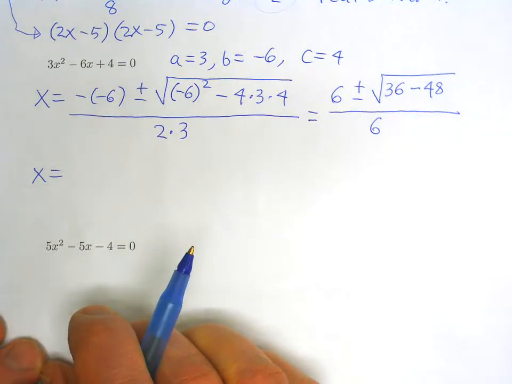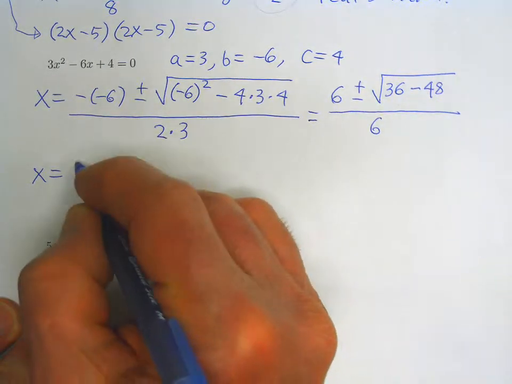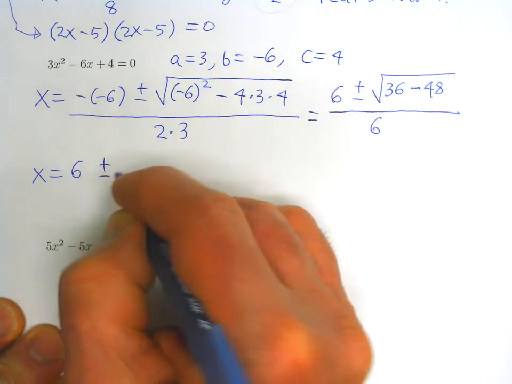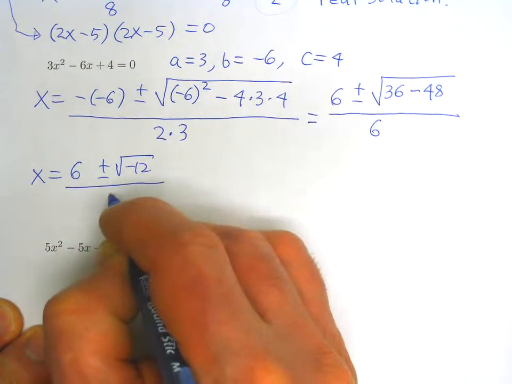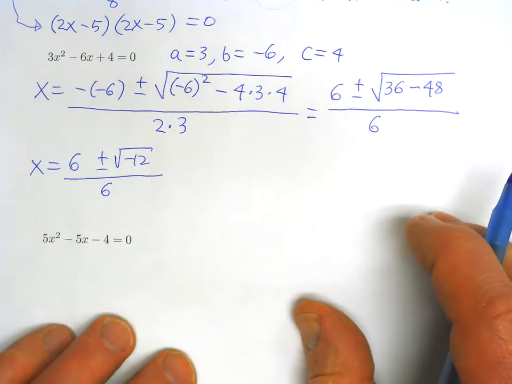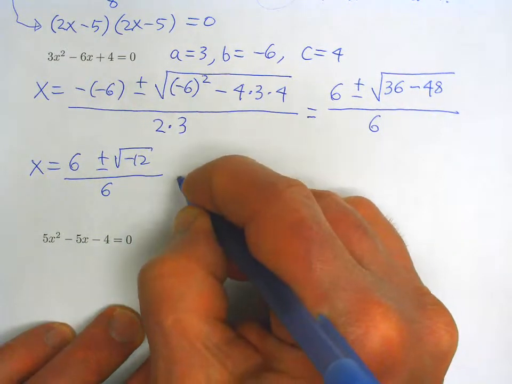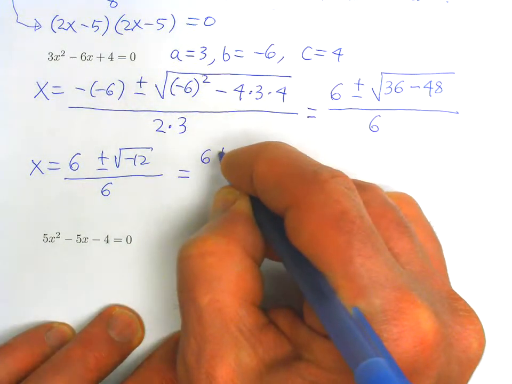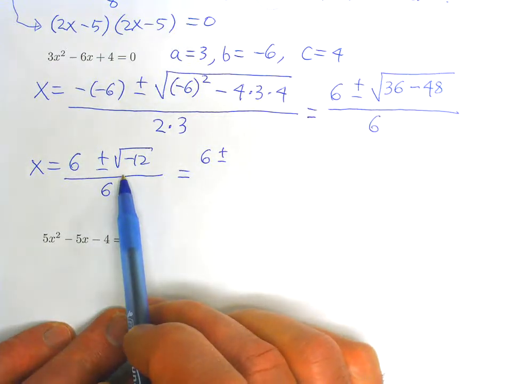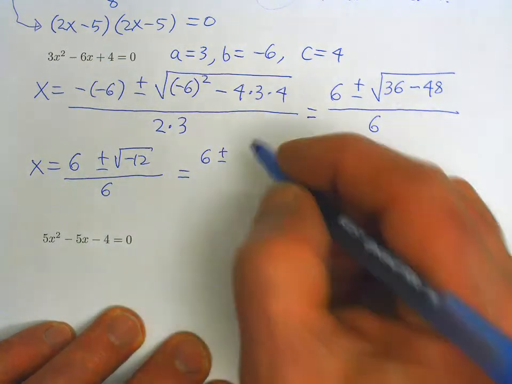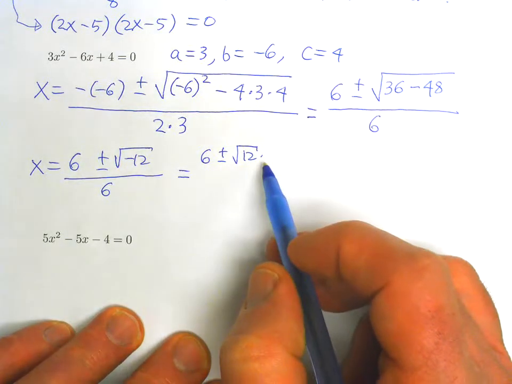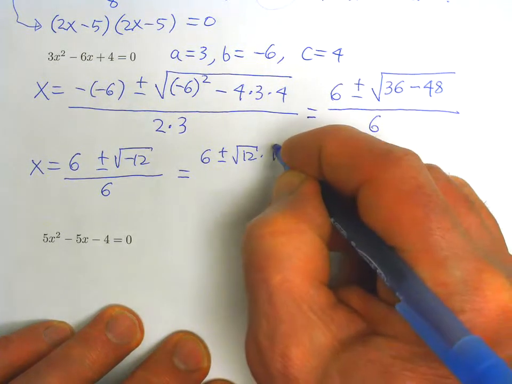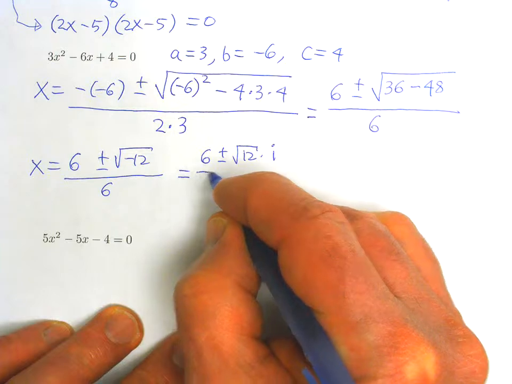Okay, but we have to simplify. 6 plus and minus the square root of negative 12, all divided by 6. And then 6 plus and minus, think of the square root of negative 12 as the square root of 12 times the square root of negative 1, but let's just go ahead and replace that with i.